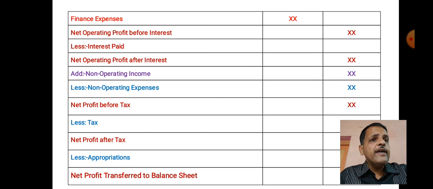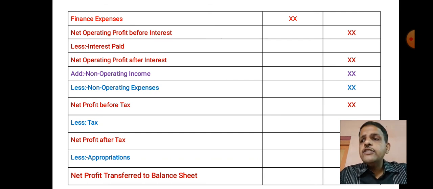Now we have to deduct our tax from this net profit before tax in order to arrive at net profit after tax. Friends, from net profit after tax, we have to deduct certain appropriations. Appropriations are certain parts of our net profit which are kept aside for some earmarked purposes, maybe for our future use, maybe for servicing certain things like that.